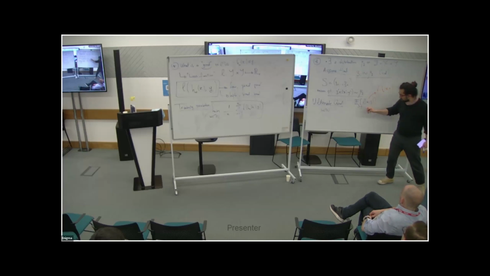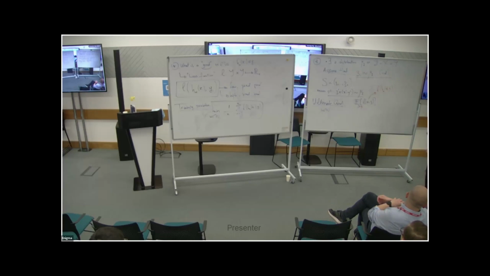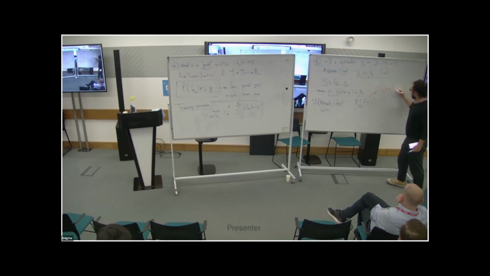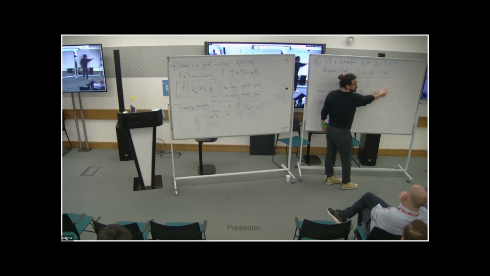The moral of the story is we have expectation with respect to Z, and Z comes from mu Z. The expectation acts on the cross product; each Z is a tuple. So this is the same as integrating this function against mu Z, where Z is X and Y.